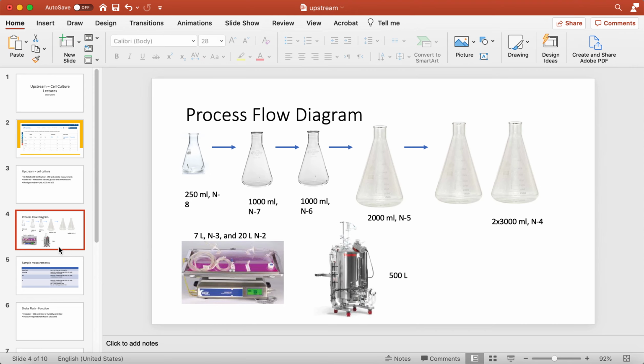Then you warm up the media, do the thaw, and everything is aseptically transferred to the shake flask where the media A1 that I mentioned before is. Then the shake flask is transferred to the incubator, which could be humidified control depending on the facility, or CO2 controlled.